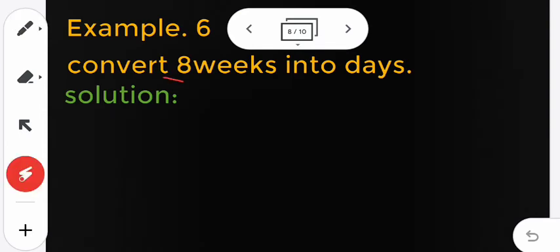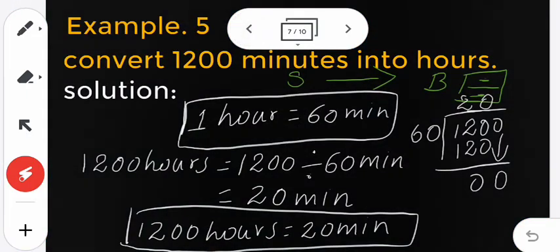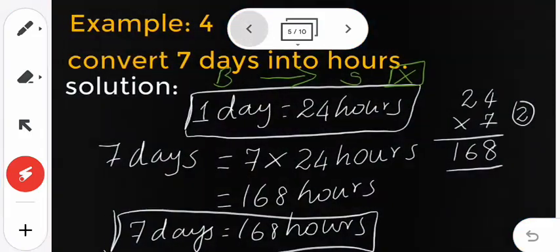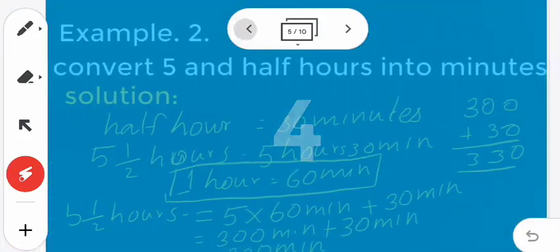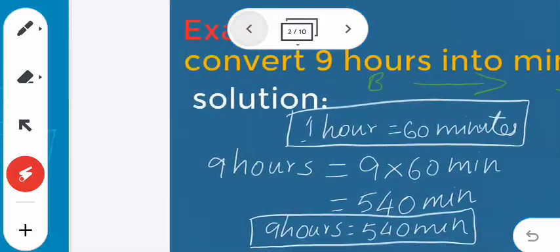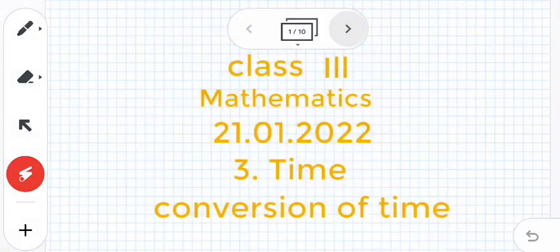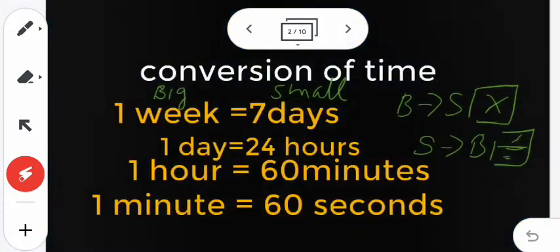Okay, next one, convert 8 weeks into days. So weeks and days formula. I think you all will know. Those who know can do it by yourself. Those who don't know, learn this by heart. The formula is 1 week equal to 7 days.